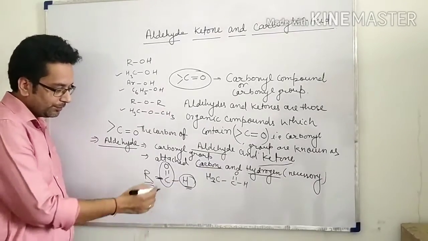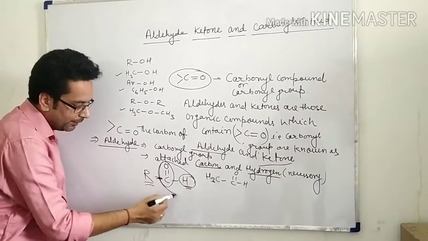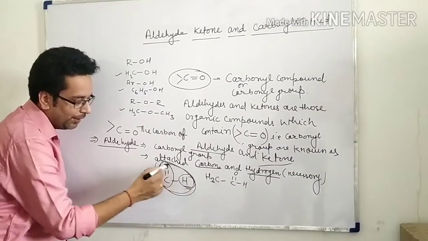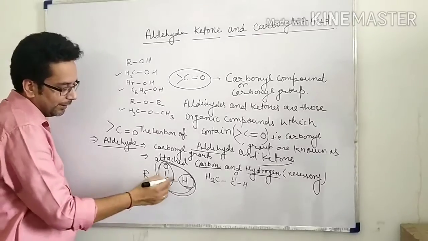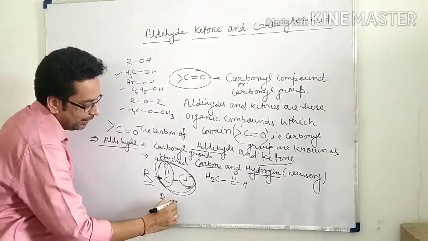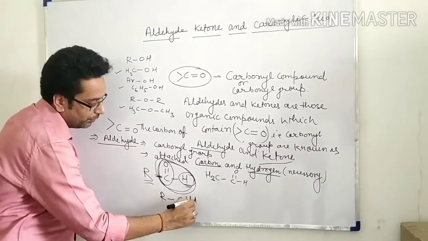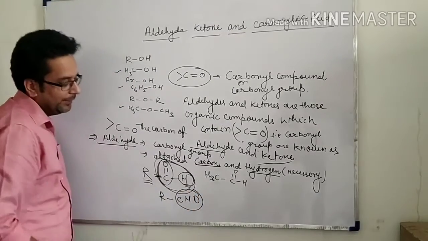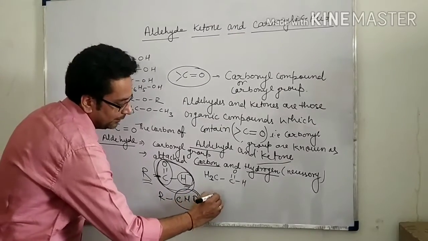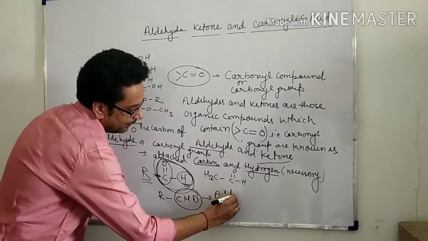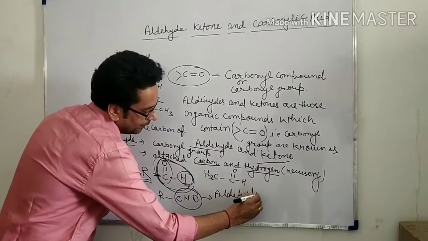So in combined form we can write RCHO, and this CHO group is known as the aldehydic group.